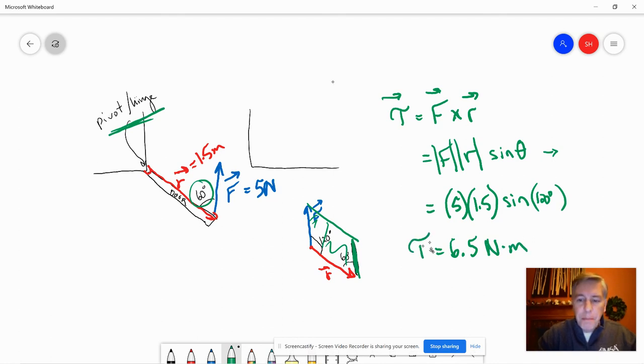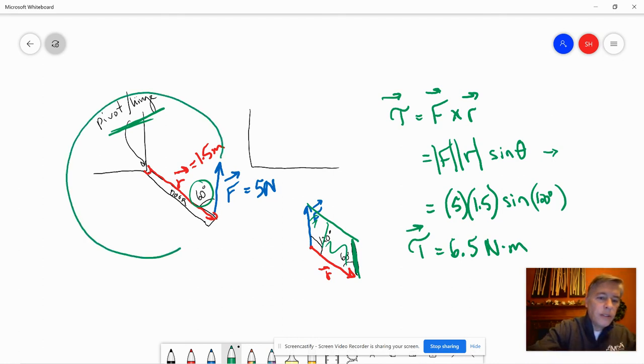So that would be the magnitude of my torque, but since it's a vector, it has a direction to it. The way we find this is with the right-hand rule. I'm not going to go into it too much, but if I was actually twisting the door this way, the door is going to rotate counterclockwise.